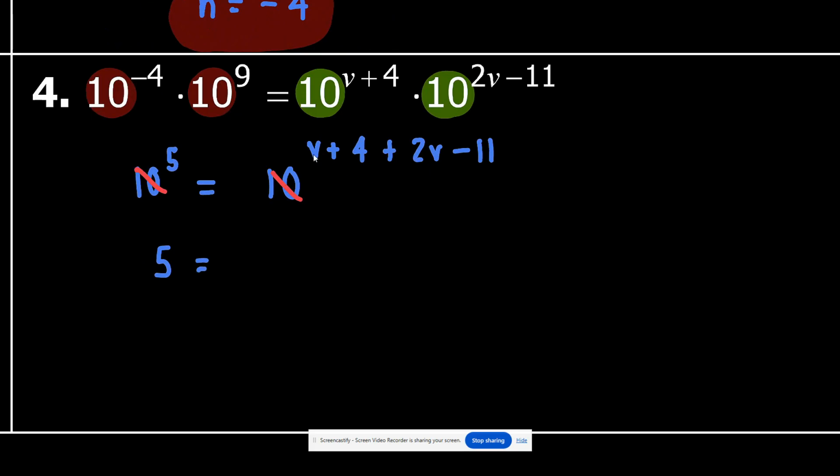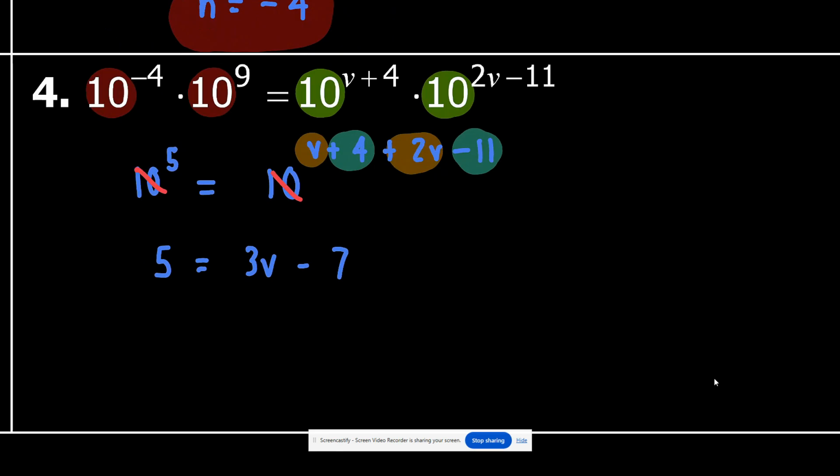What is 1v plus 2v? Well, that's 3v. And what is positive 4 minus 11? Well, positive 4 minus 11 is minus 7. So once those bases cancel and we take what's left over, I have 5 equals 3v minus 7.